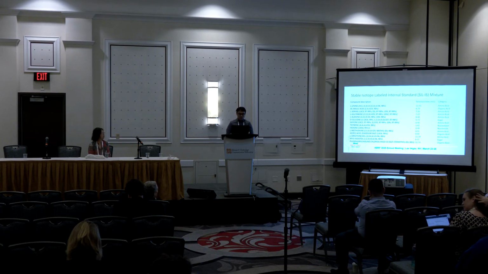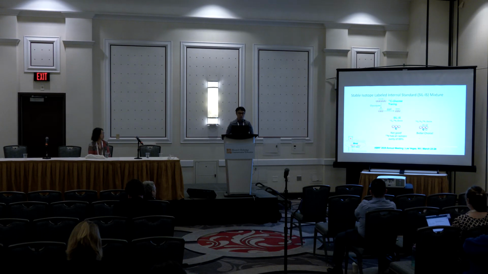And also we have nucleosides and nucleobases that typically elute a little earlier in the HILIC runs. Again, our point is we want to have a group of compounds that are representative of actual biological samples and also span the entire retention time range.